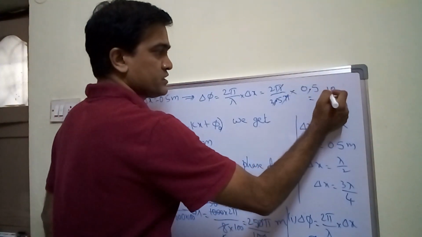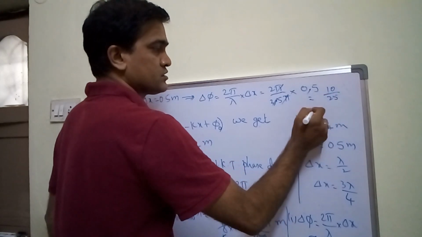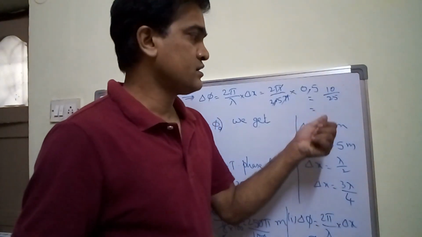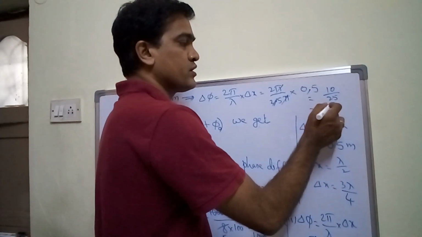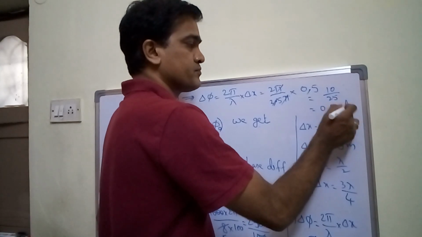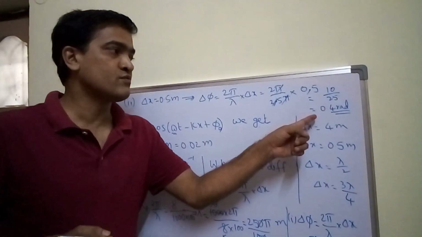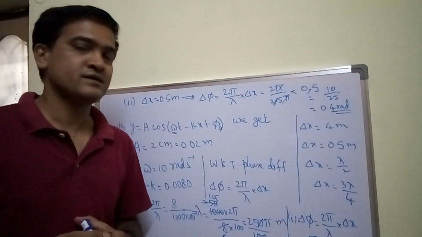Which comes out to be 10 by 25. 10 by 25 is nothing but, multiply with 4 again, you will get 100. So 4 into 10 is 40 by 100. 40 by 100 is 0.4 radian. So this is the answer for second bit, 0.4 radian.